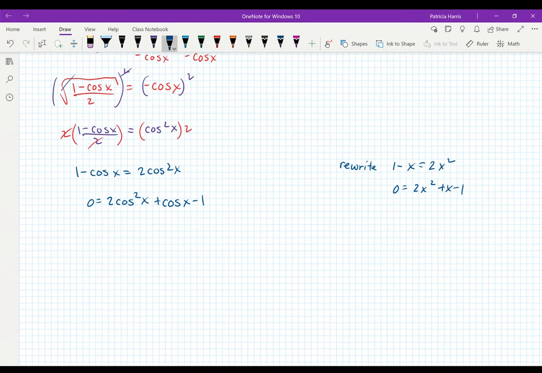Okay, now we're going to factor. When we solve by factoring, we set each factor equal to 0.